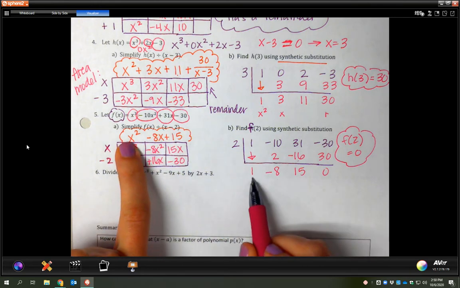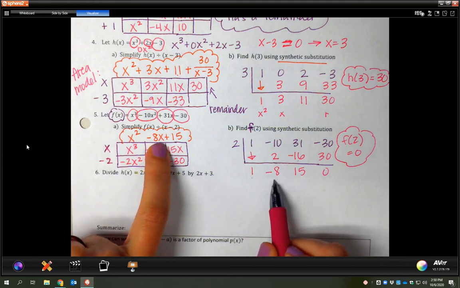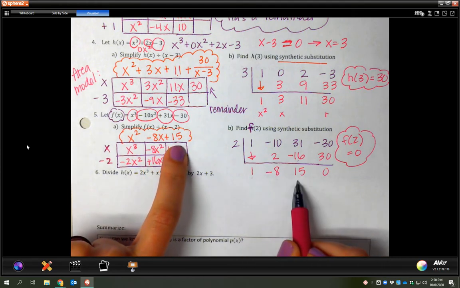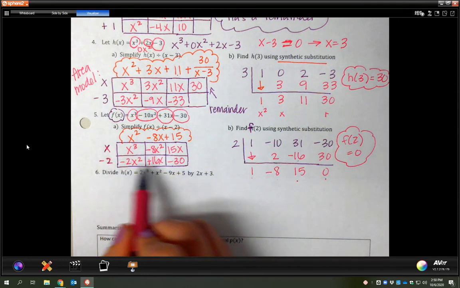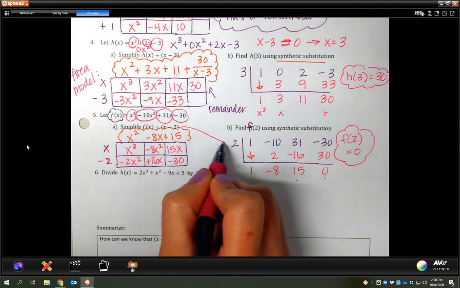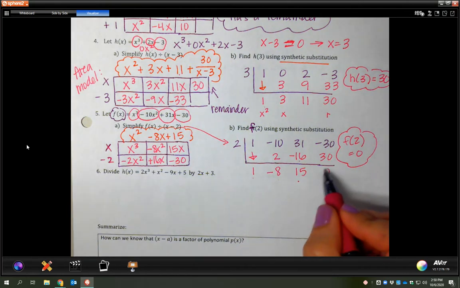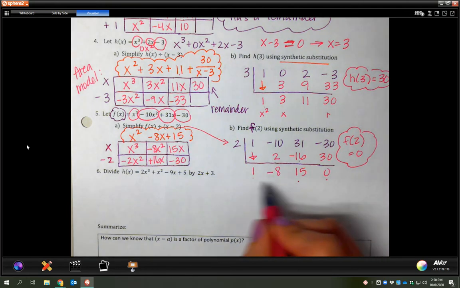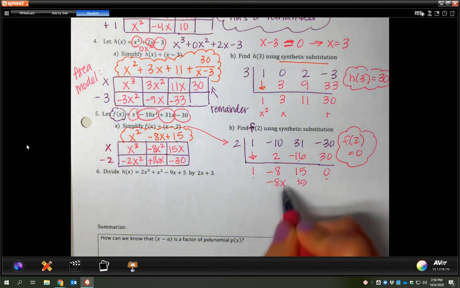You have the 1x squared minus 8x, and then plus 15, and then there's no remainder. So we could actually, instead of dividing using the area model, we could have actually done this problem by using synthetic substitution, and then just seeing that there's no remainder, and then kind of building our answer from there. 15 and a negative 8x and a 1x squared.